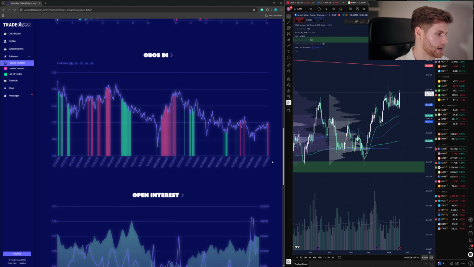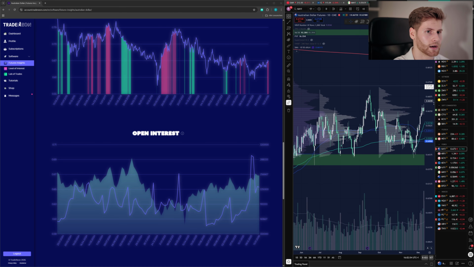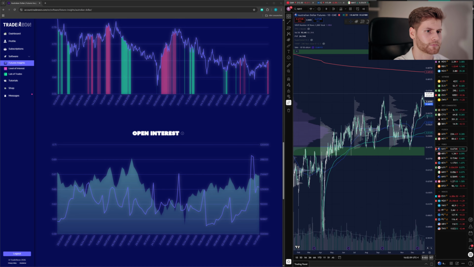And let's also have a look at the open interest, if there's any relevant information that we can gain from here. Definitely there, what we saw was a very rapid and intense surge in the amount of open contracts in the market. That was basically aligning with this ongoing long trend over the long term that we see in the Australian dollar, which you can also see right here.